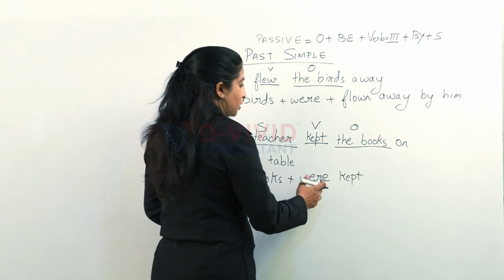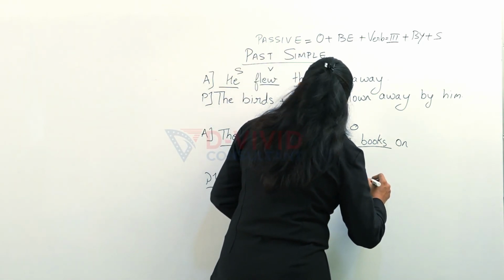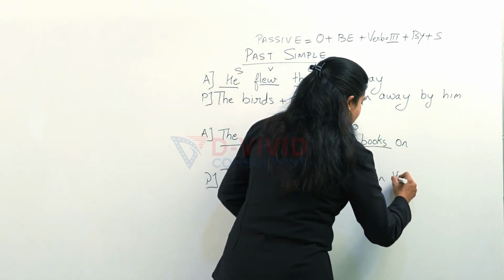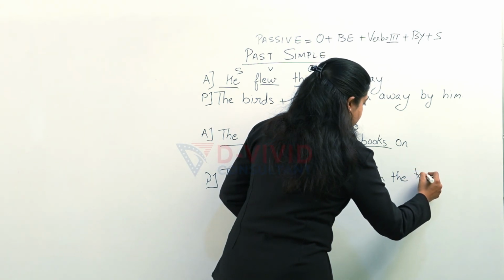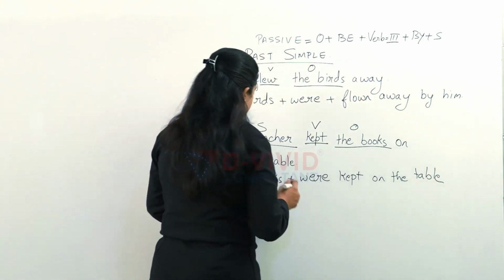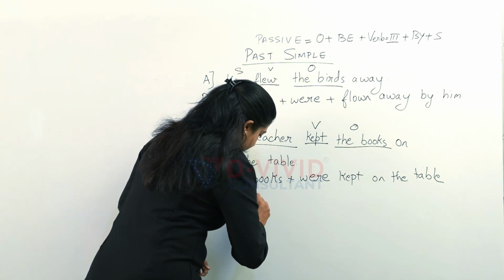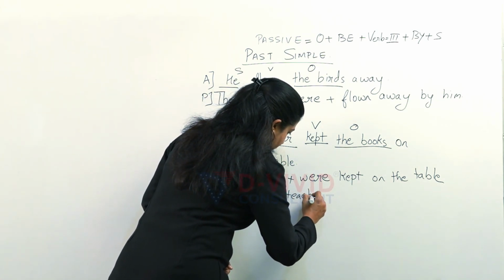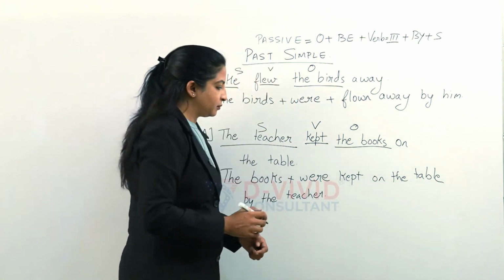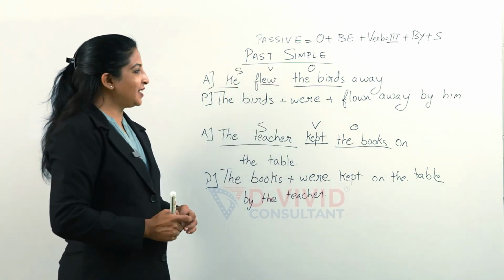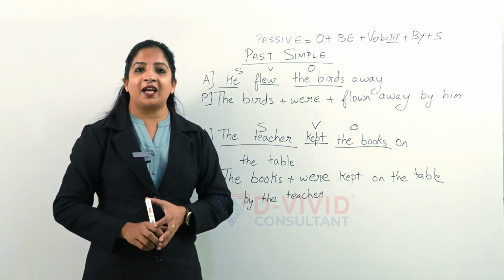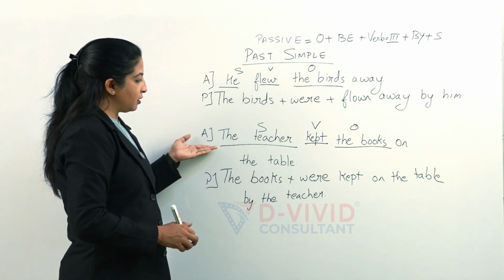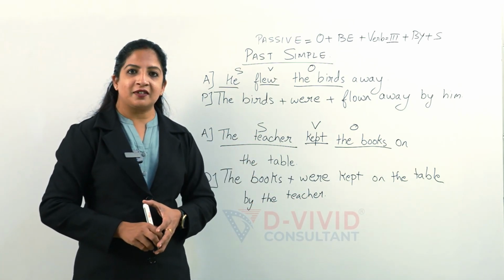So: the books were kept on the table by the teacher. Quite easy, quite comfortable, changing active into passive.